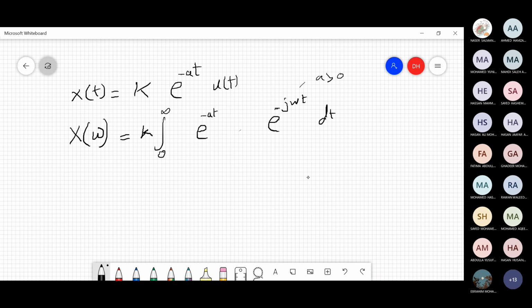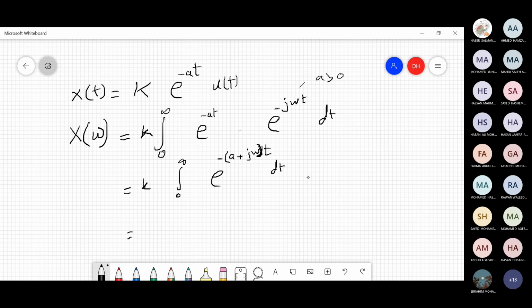Now combine these two together. So it will be equal to k, integral from 0 to infinity of e to the power of minus (a plus j omega) t common, dt.